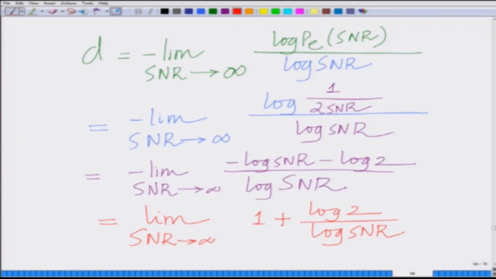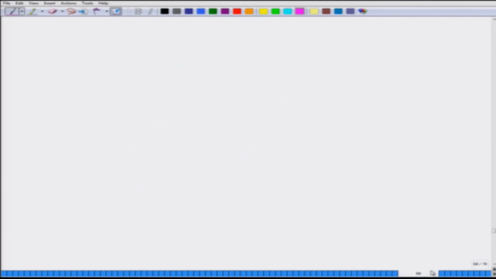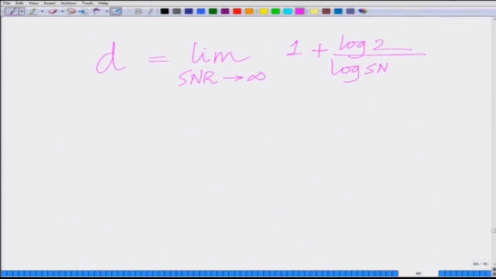Now, you can see that log of 2 is a constant, and as SNR tends to infinity, log of SNR tends to infinity. Therefore, log of 2 divided by log of SNR tends to 0 at high SNR, as SNR tends to infinity. Therefore, the diversity order is the limit as SNR tends to infinity of 1 plus log of 2 divided by log of SNR, and this quantity tends to 0.